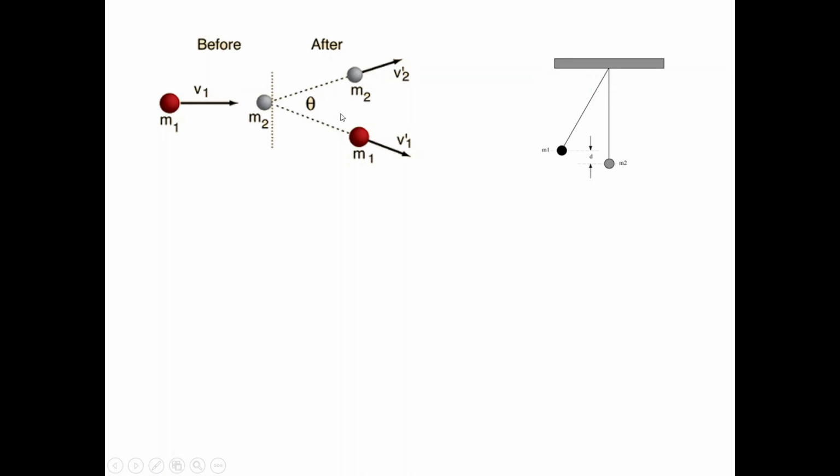Then you take the components of v2, the final velocity of mass 2, the x component and the y component. You don't need the y component, only the x component. So the momentum equation is m1 v1 plus m2 v2, where the initial v2 is 0, so m1 v1 is equal to m2 v2 cos of this angle, plus m1 v1 cos of the second angle.